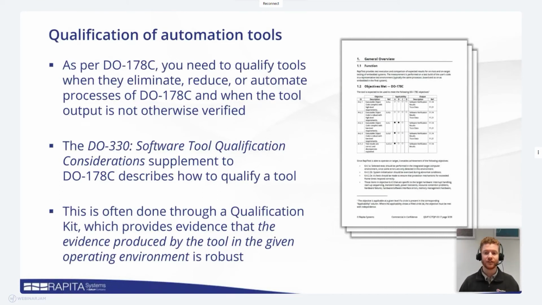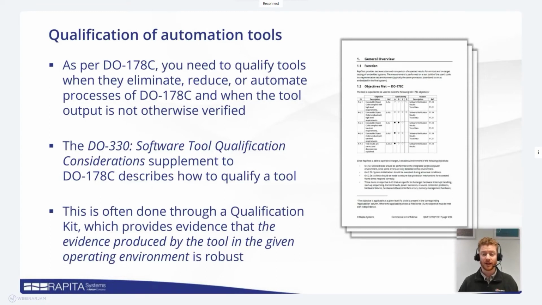The tool vendor, such as Rapita, will try and provide as much help and assistance as possible in the process, but ultimately tool qualification is the responsibility of the applicant, which means that tools that don't come with qualification evidence can still be used, but the tool user will be responsible for reverse engineering the requirements of these tools, and demonstrating that they've been adequately tested and they function as required.